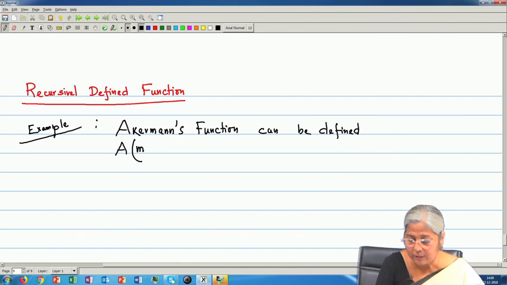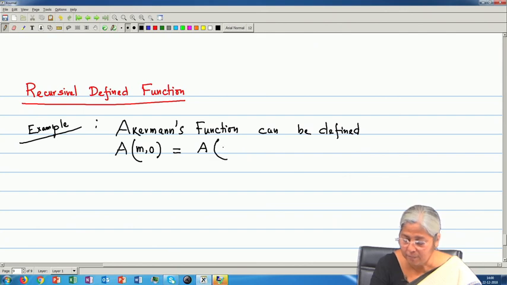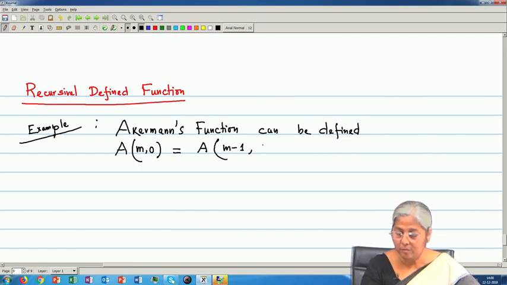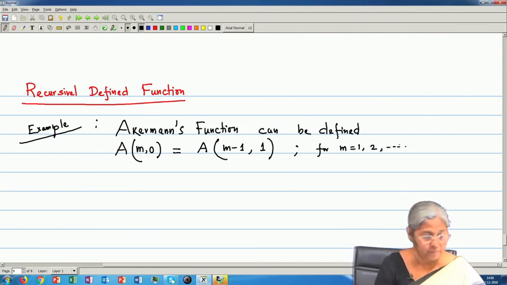First, A(m, 0) is A(m minus 1, 1) for m equal to 1, 2 for all integer values.